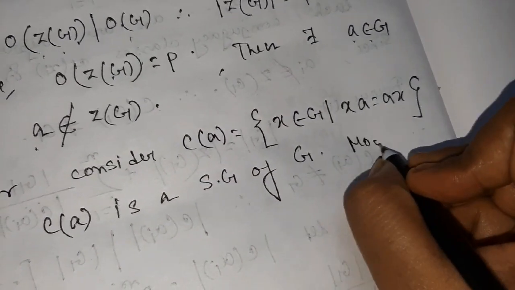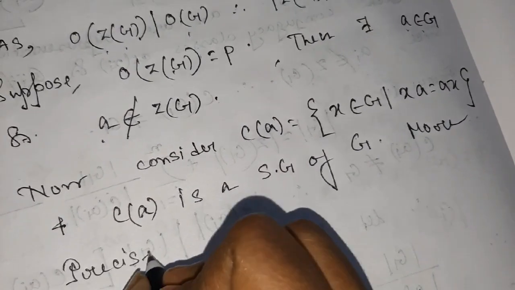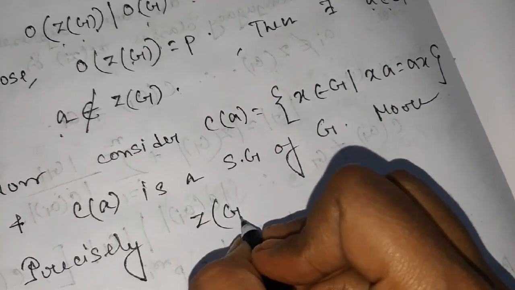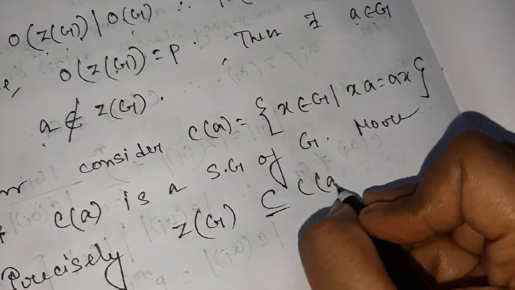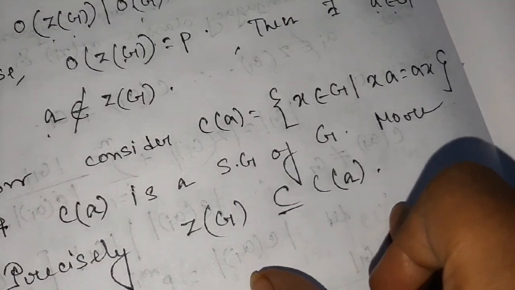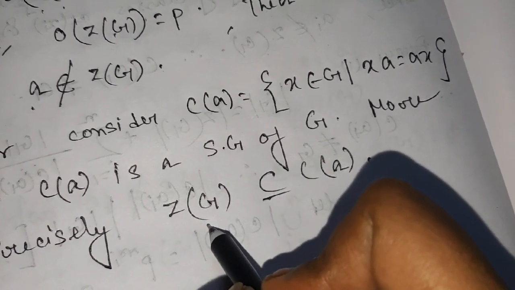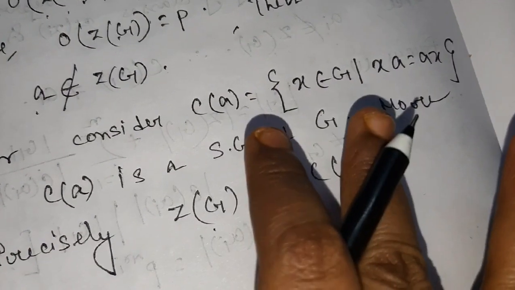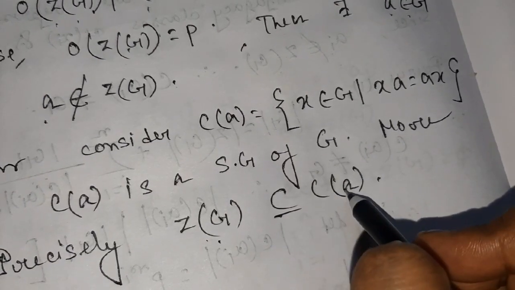More precisely, ZG will be a subgroup of C of A. Okay, why will this happen? Because if you take any element from the center, that element will commute with all the other elements of the group. That means that element will commute with this A also.